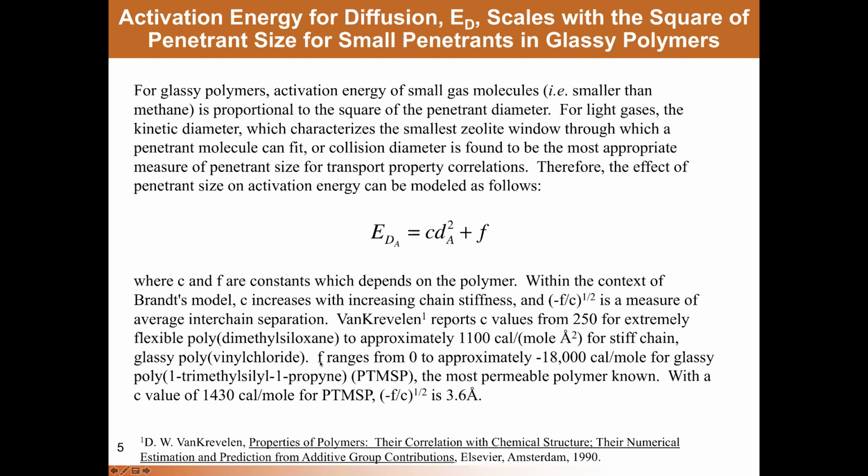In glassy polymers that have rather low values of free volume, F can be about equal to 0, and in really open materials like poly(1-trimethylsilyl propyne), which we talked about in connection with mixed gas sorption and dilation previously, one of the most permeable polymers known, this F value can be very large, and this quote-unquote interchain spacing can be, by this estimate, on the order of the size of gas molecules.